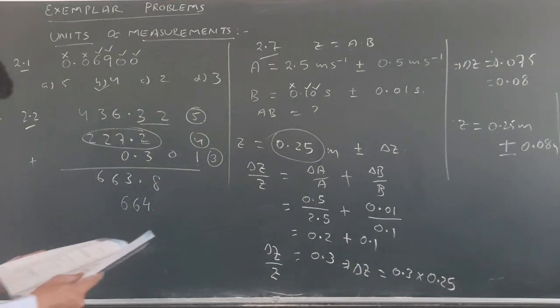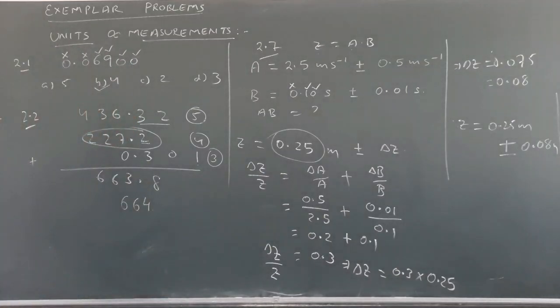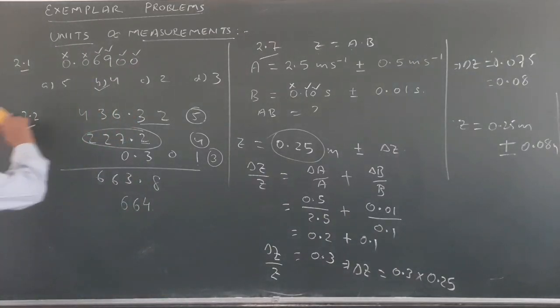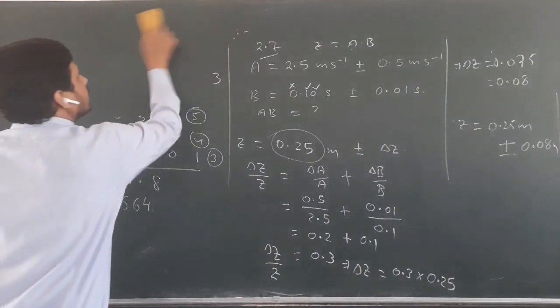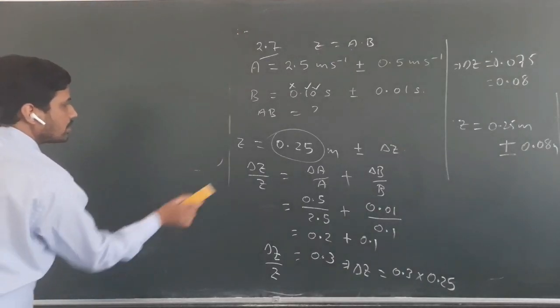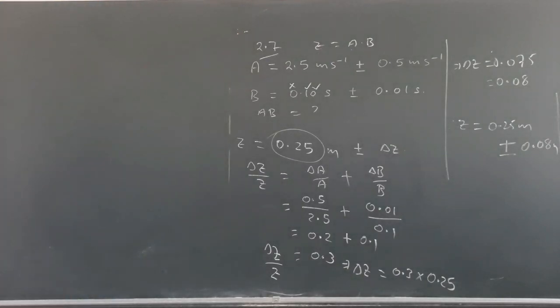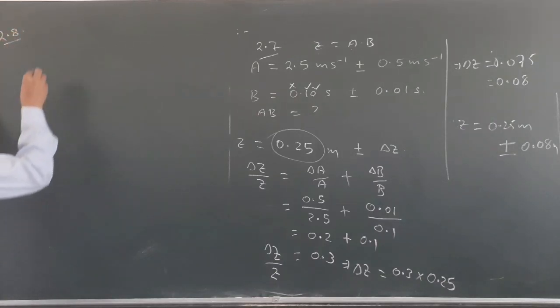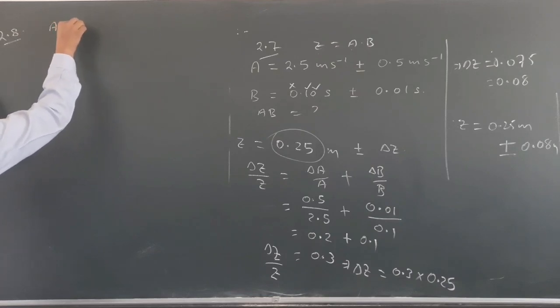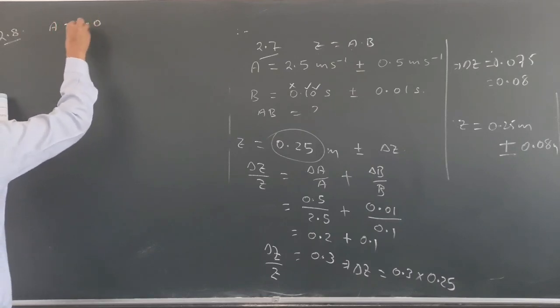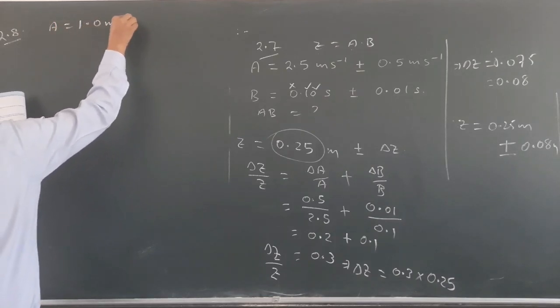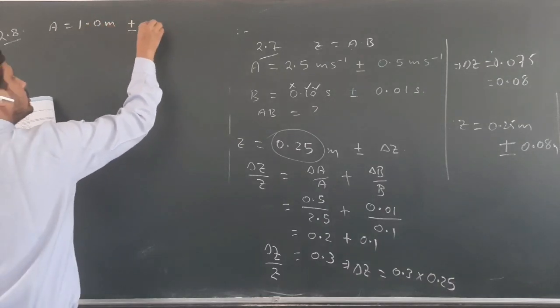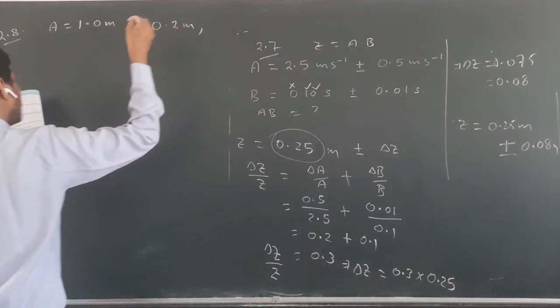Yes. Then we have 2.8. Let's see the next question. 2.8. You measure two quantities as A is equal to, again it's given, 1.0 meter plus minus 0.2 meter.